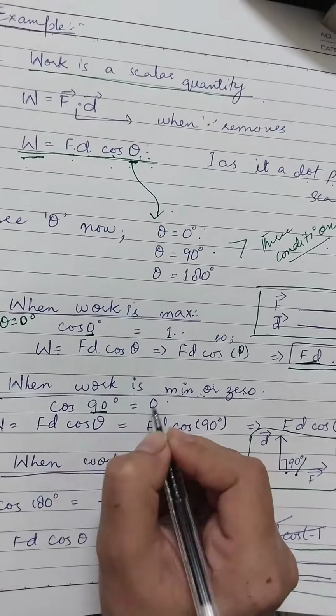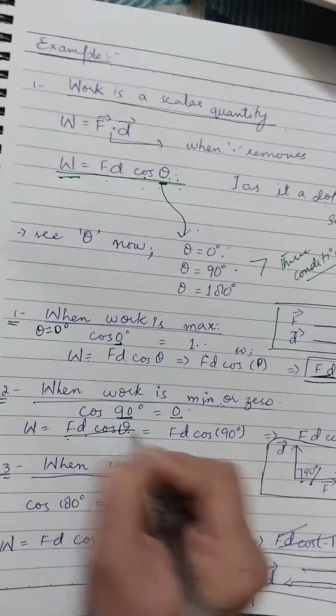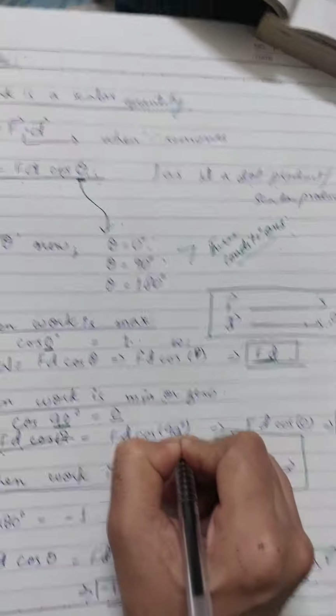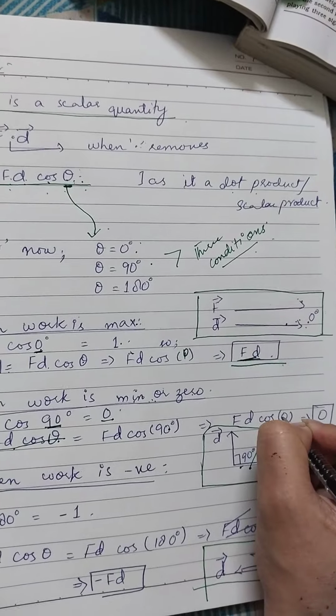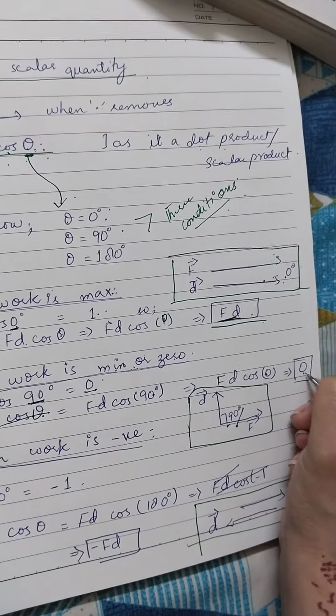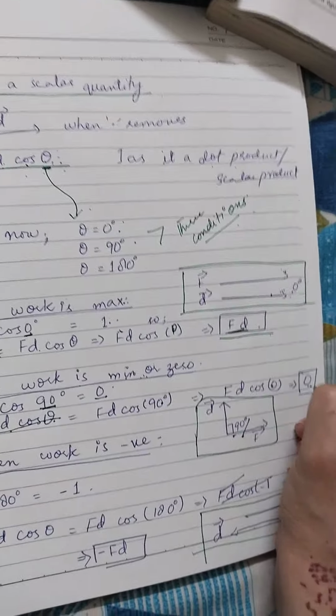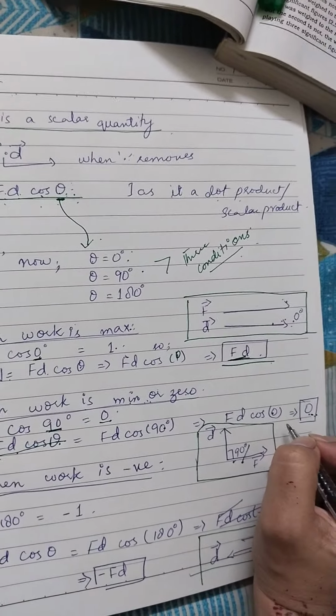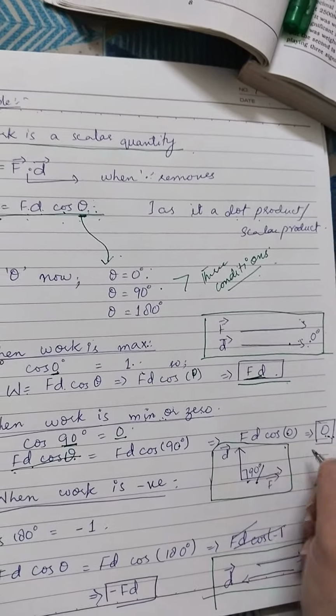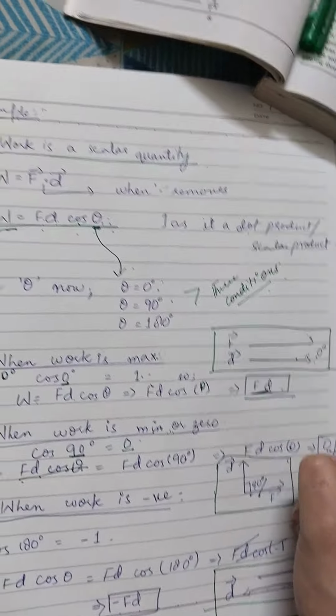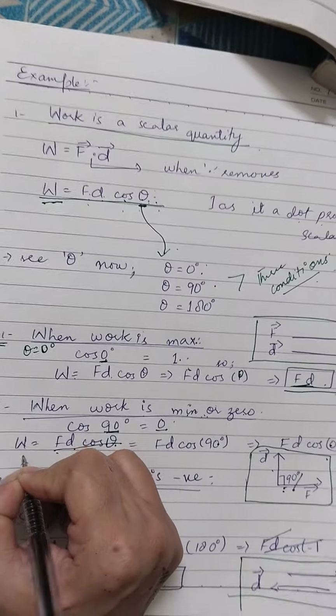Let's look at the formula and put in the value. fd cos theta, put theta equal to 90 degrees, and cos 90 is equal to 0. At that time your work done becomes 0 or minimum. Keep in mind, students, that when theta is 90 degrees between these two vectors, your work done will always be minimum or 0.